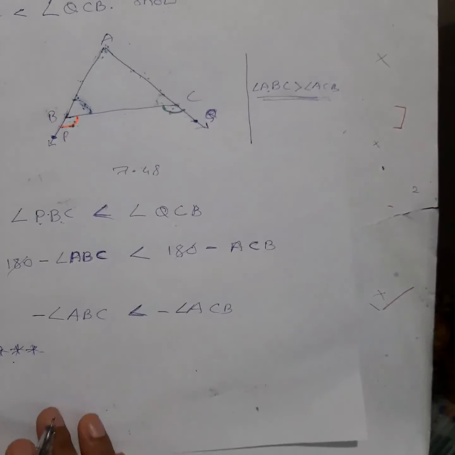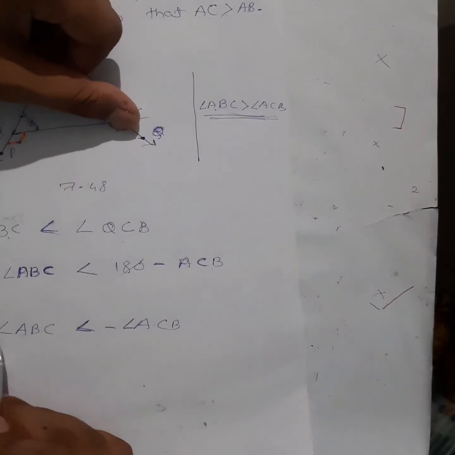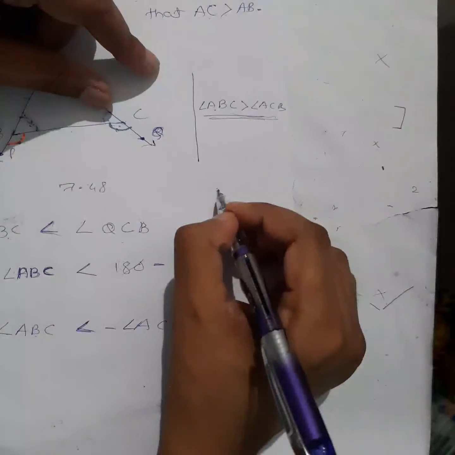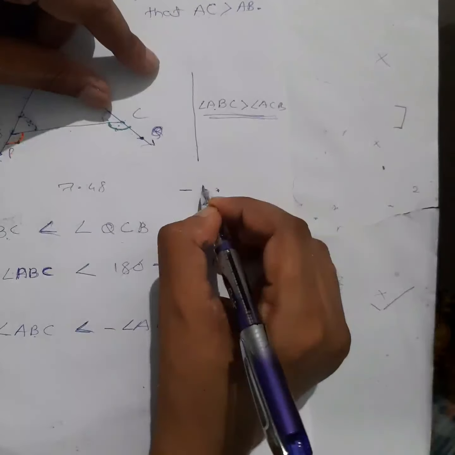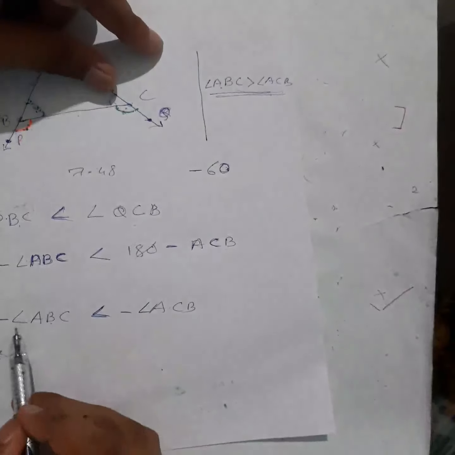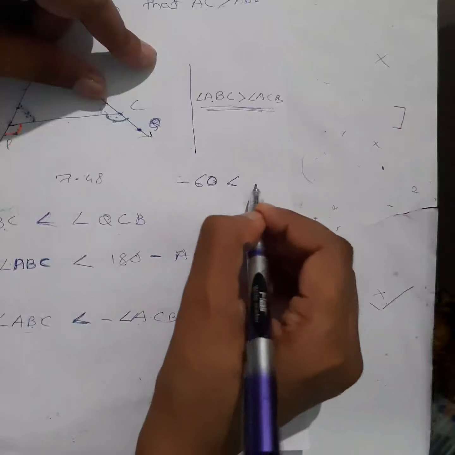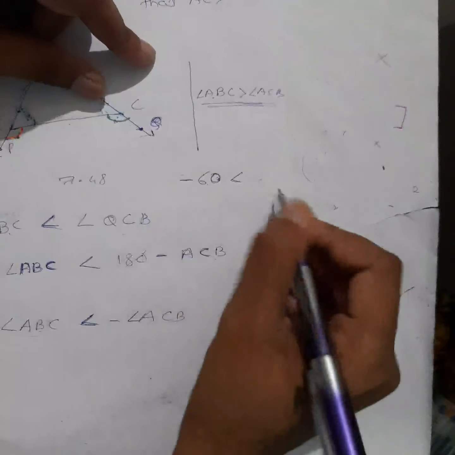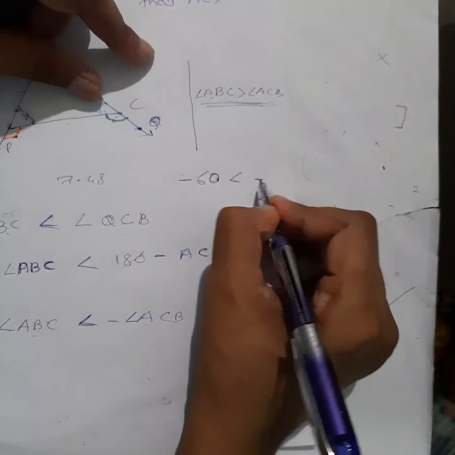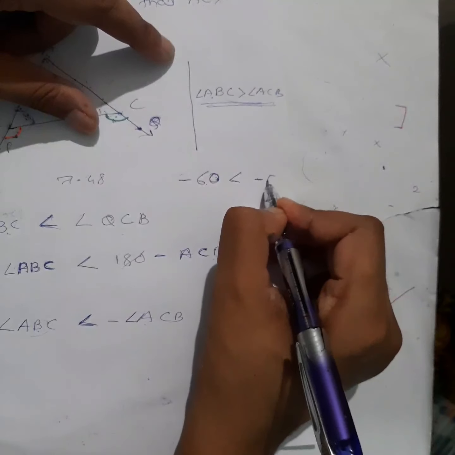You need to think practically now. See here, this is minus angle ABC. Suppose angle ABC, whatever it is, is minus say 60 degrees. Now this is less than this one, right? So tell me one bigger number than this one. Say minus 50. You know, right?